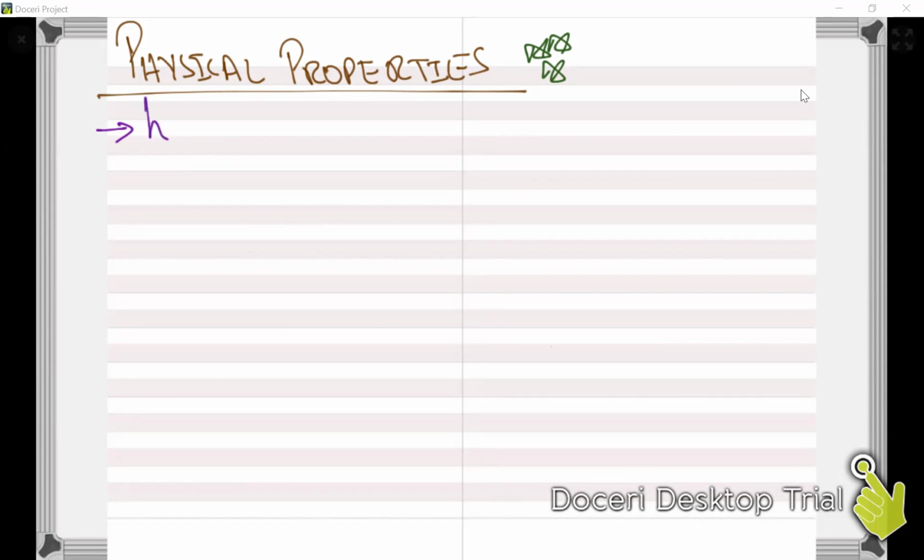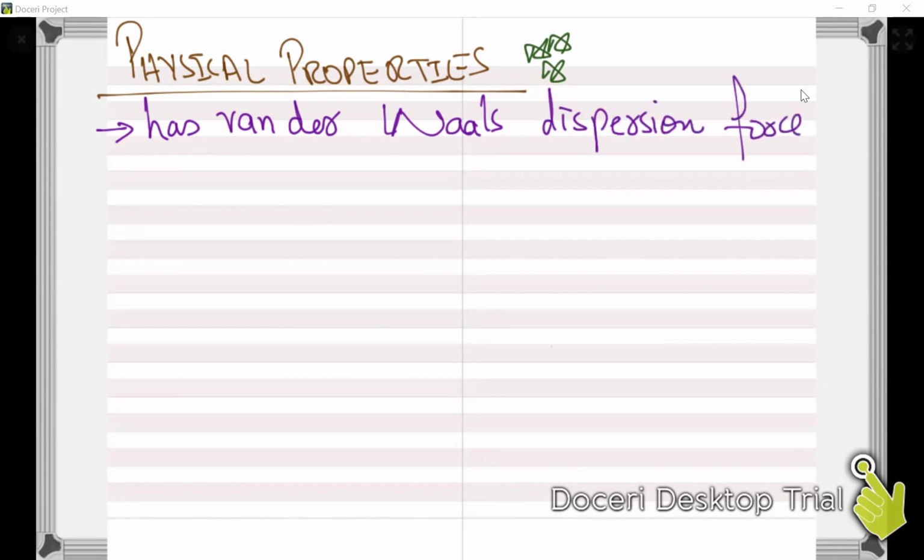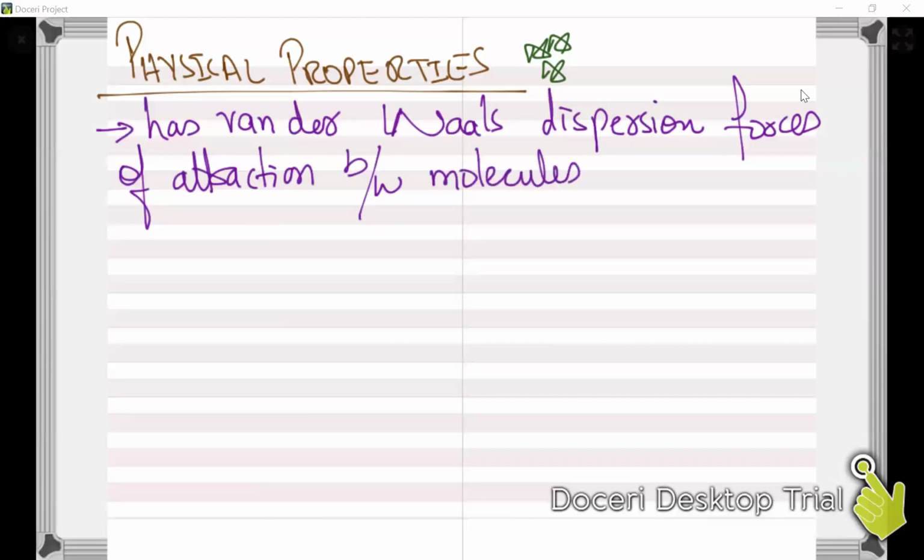So they have van der Waals dispersion forces of attraction between molecules. That's the first point. And the second point is that it has a boiling point of 80 degrees centigrade.